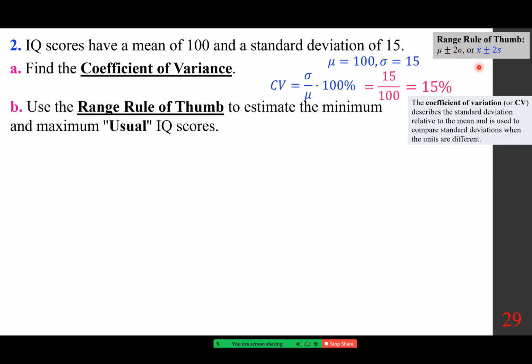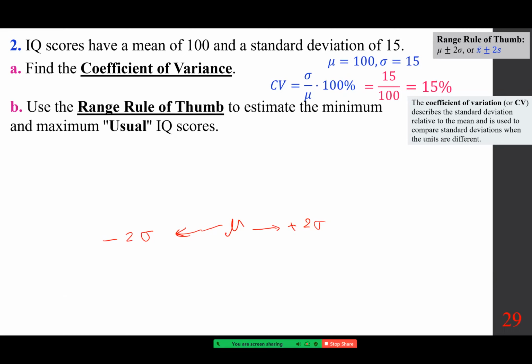In other words, you start from the mean, mu or x bar, and you go 2 times the standard deviation to the right. You go 2 times the standard deviation to the left, and this is known as range rule of thumb.